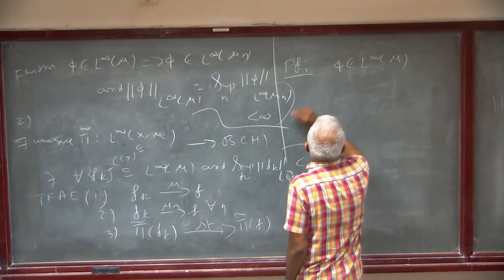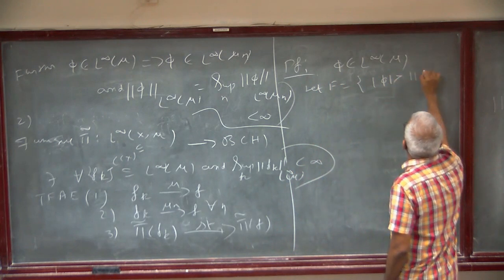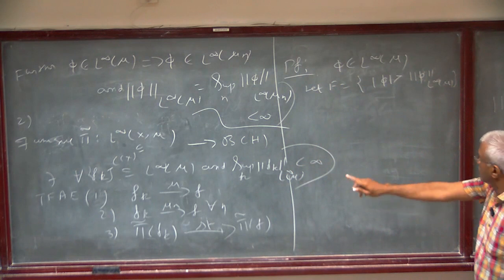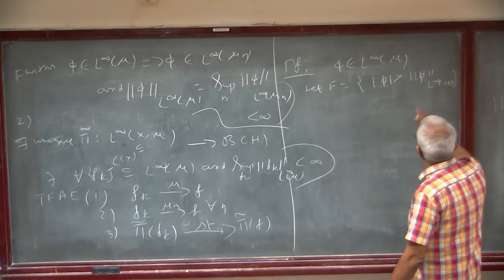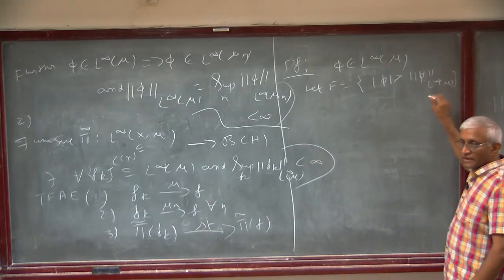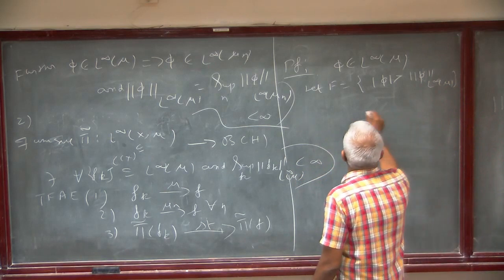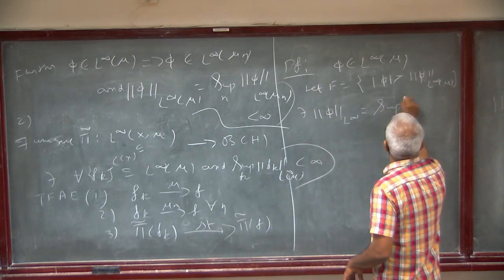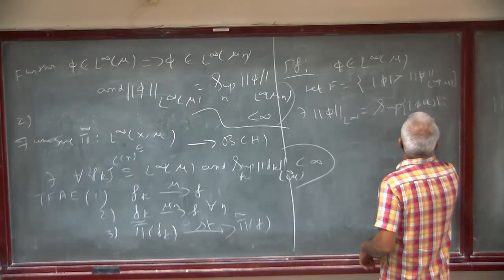Okay, so now let F be this set. The norm of phi in L infinity is the supremum of phi over the complement.